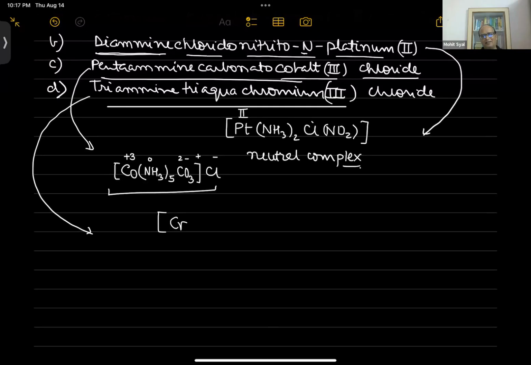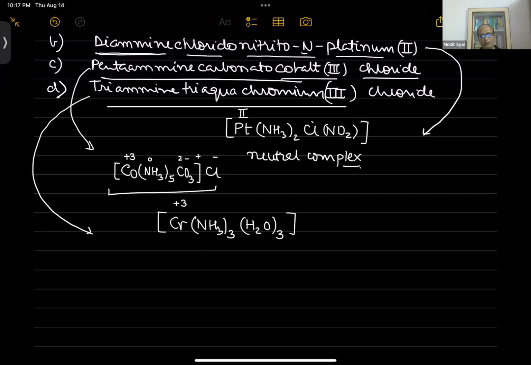Okay, chromium is there, and there are 3 NH3, triamine, NH3 whole thrice, right? Triaqua, there are 3 aqua ligands. Chromium was +3. I'm writing it above, but we don't actually write it, just for the sake of calculation.